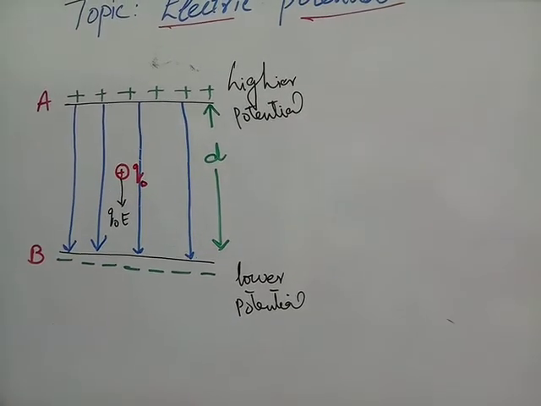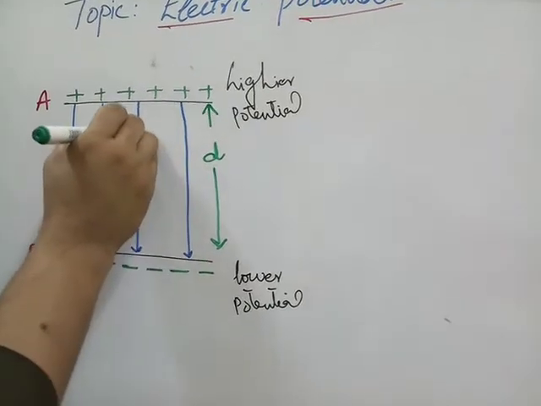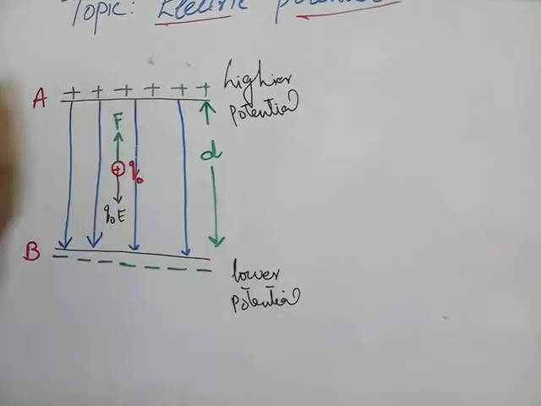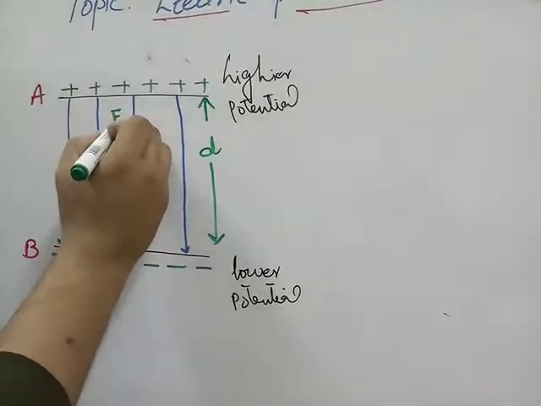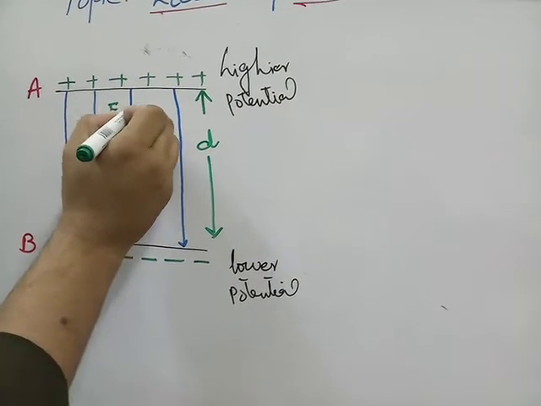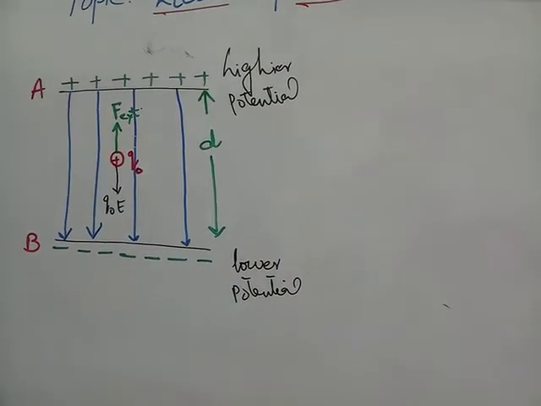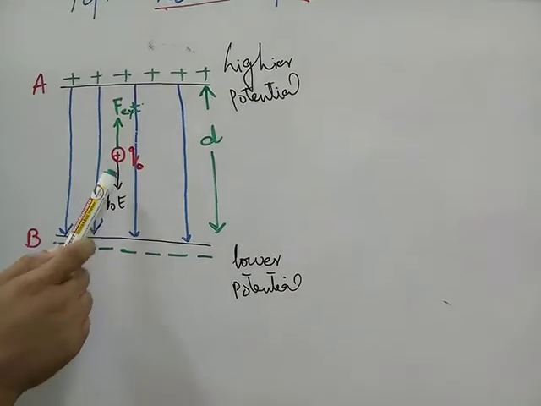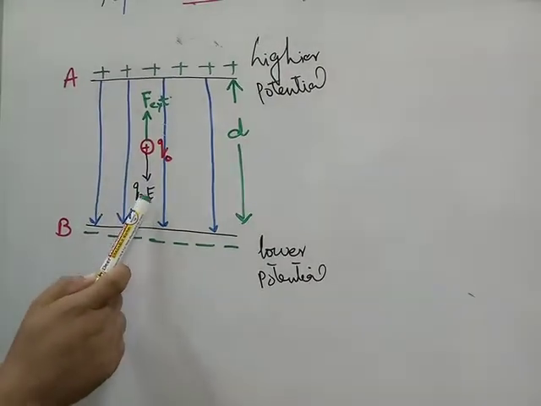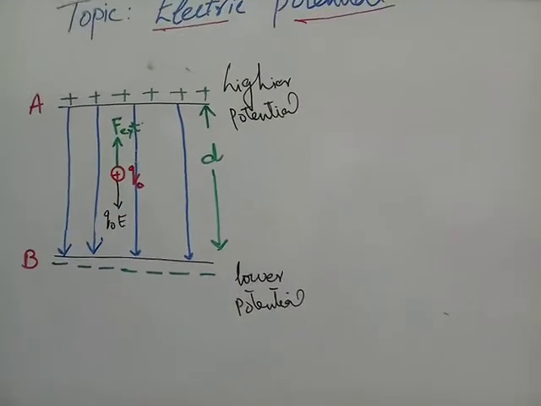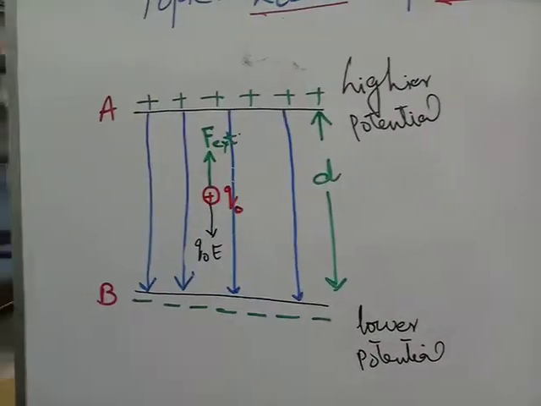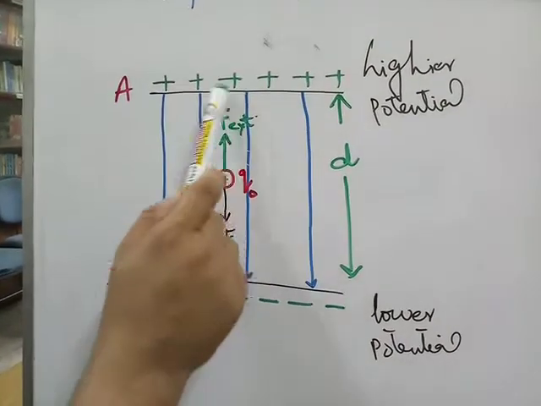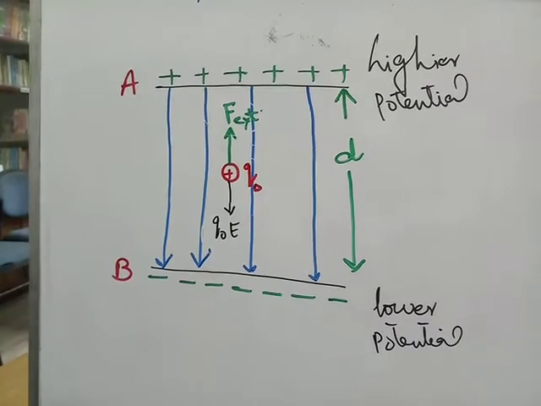If I apply a force, this electric force will be an external force. If we apply an external force which is equal to the electrostatic force but opposite in direction, this force produces work done.